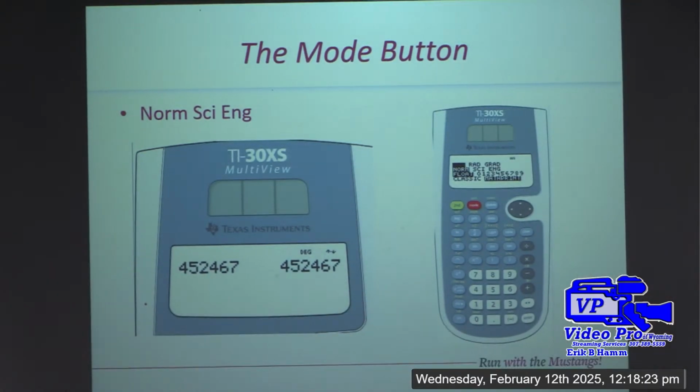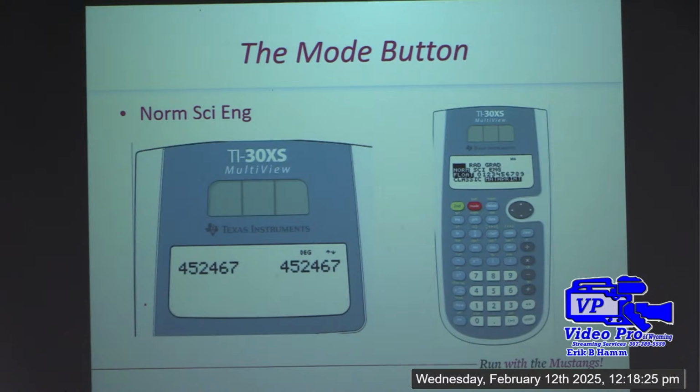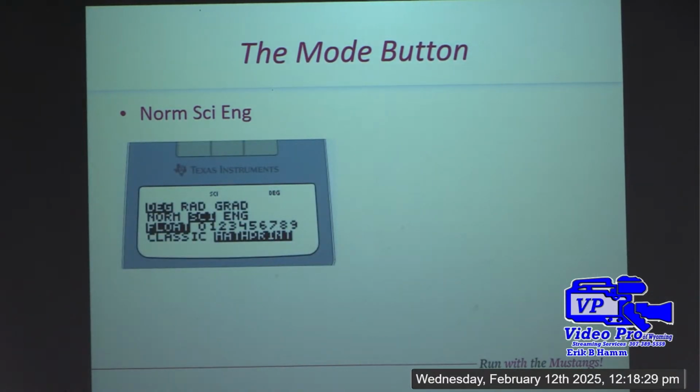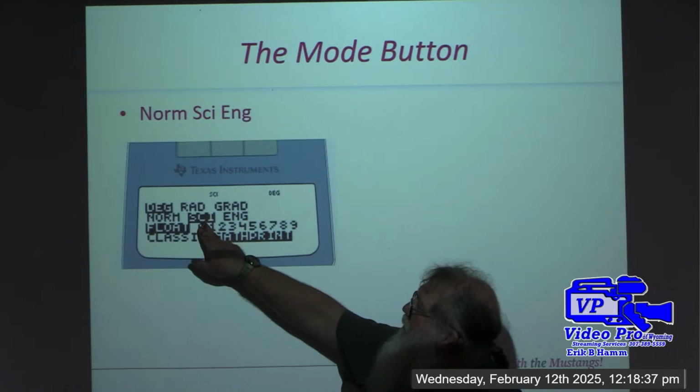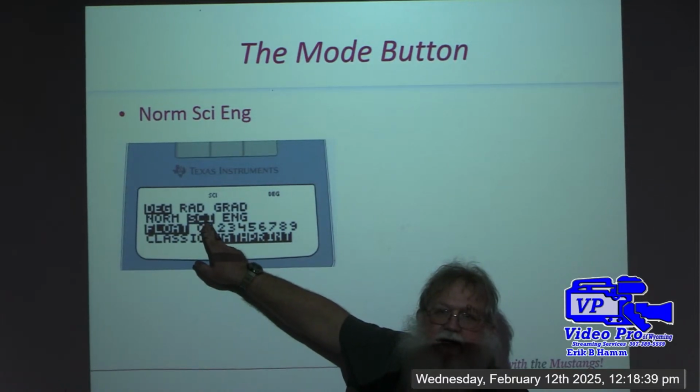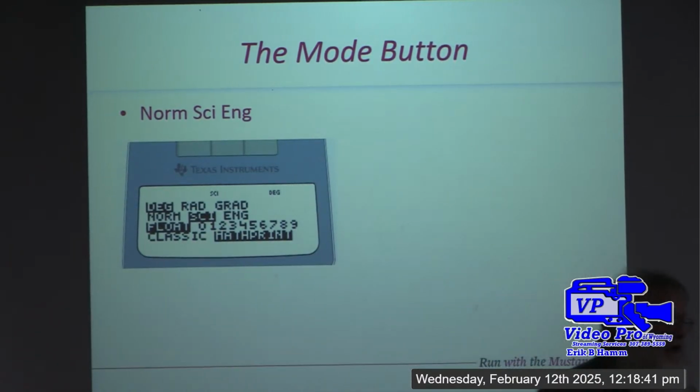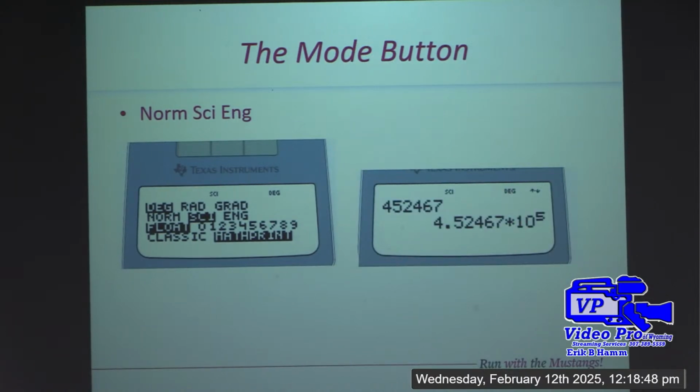If I switch to scientific mode and enter that same number, how would I switch to scientific mode? I'd have to use the little arrow buttons. I'd arrow down to scientific mode and hit enter, and it'd blacken it. And if I enter that same number, what's the calculator going to do?